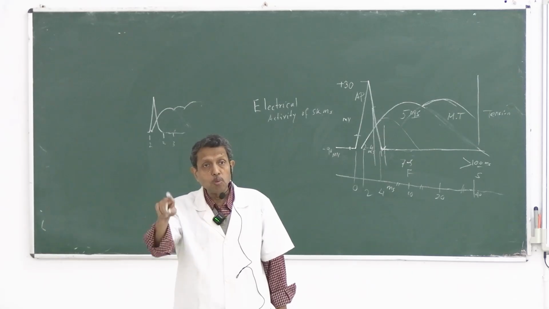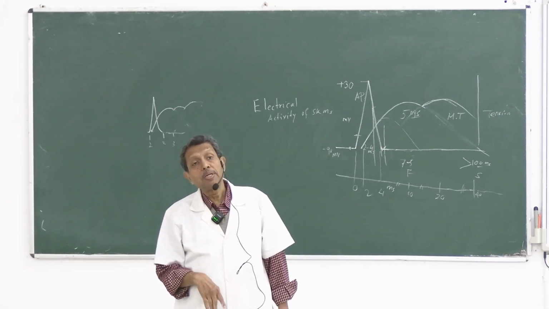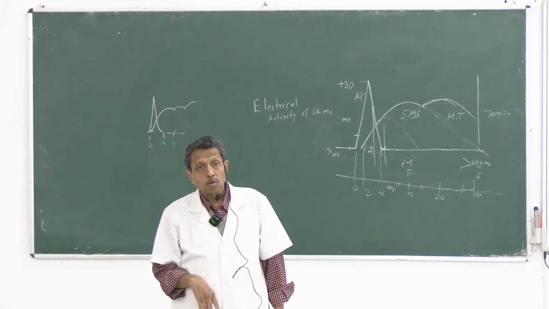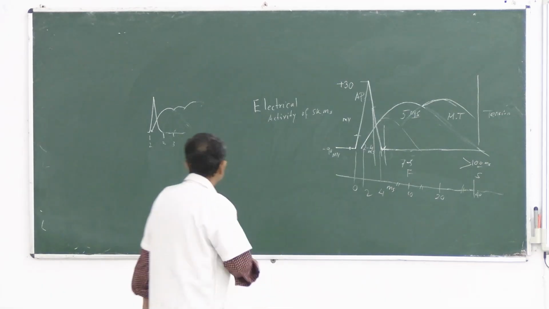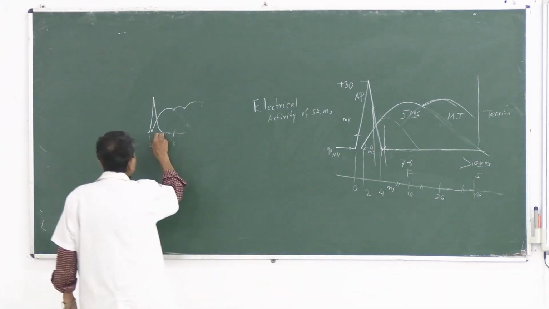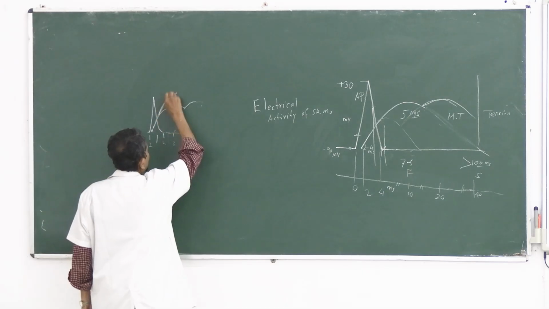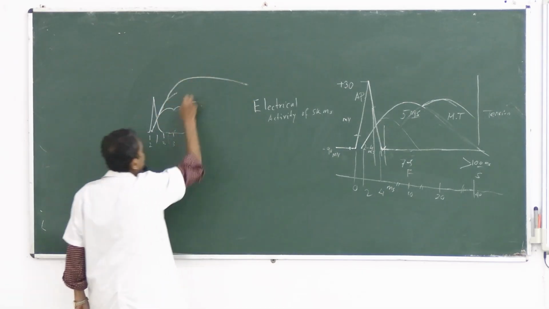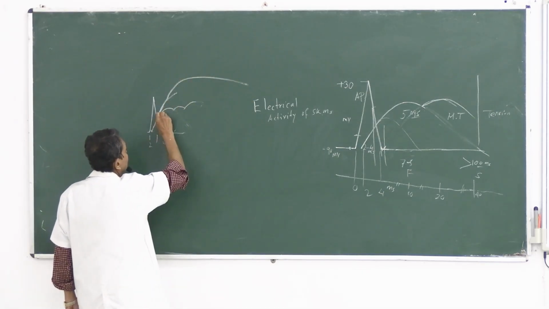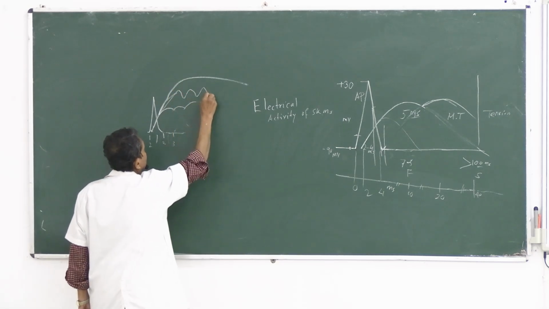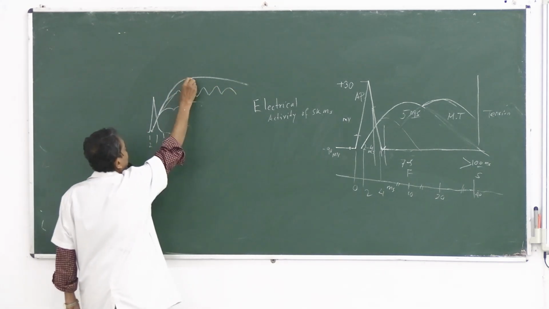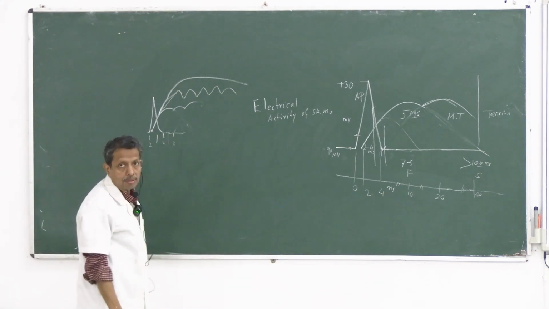There is a steady pull, and it is called complete tetanus. Whenever it is more frequent, you get this type of curve, complete tetanus, as opposed to incomplete tetanus.